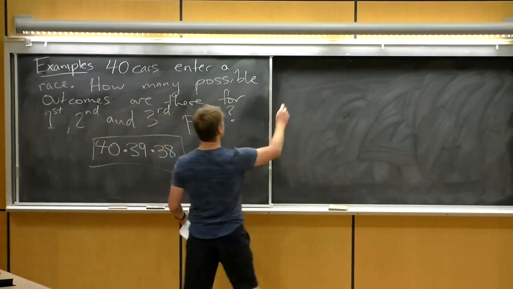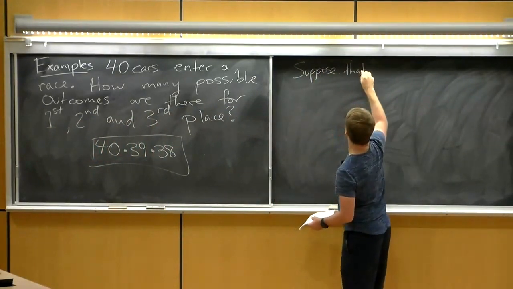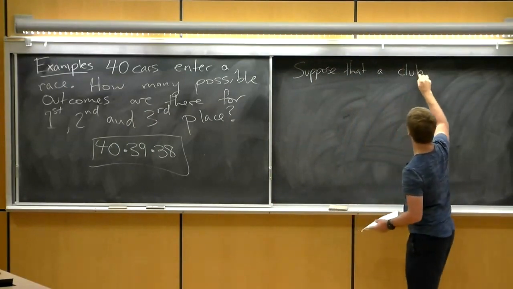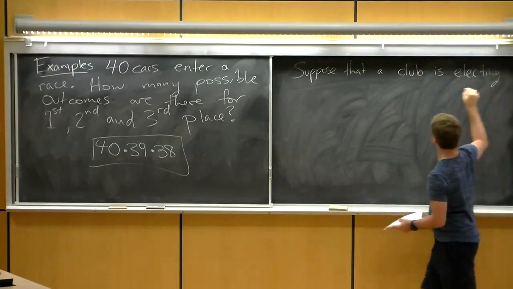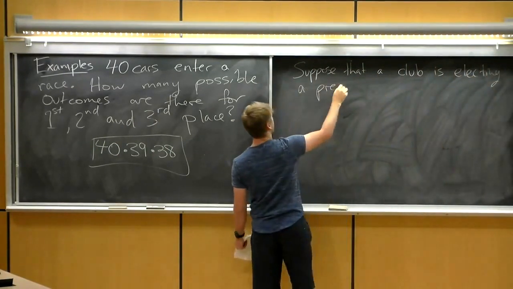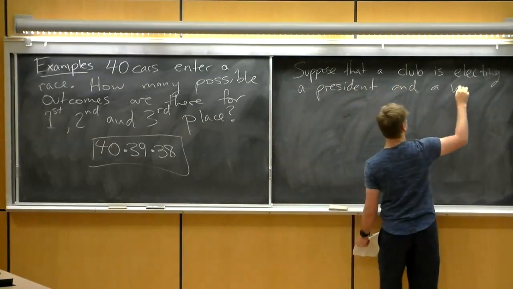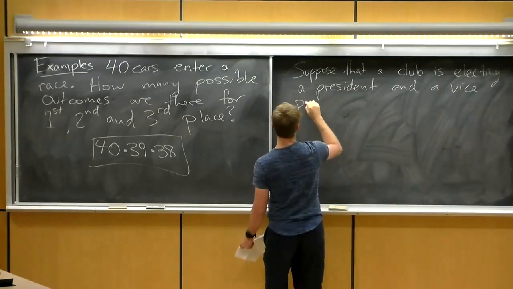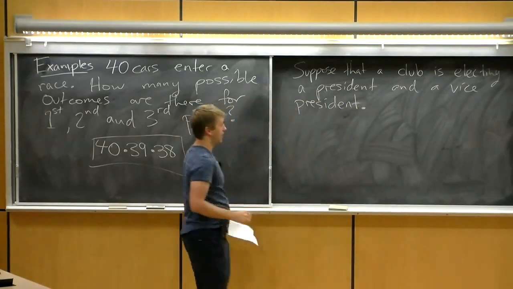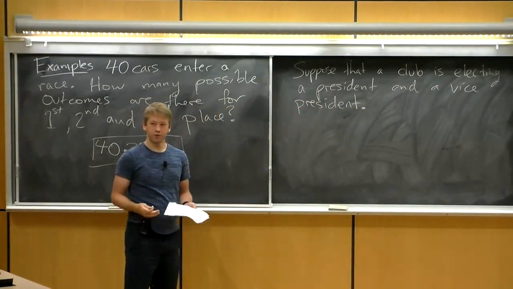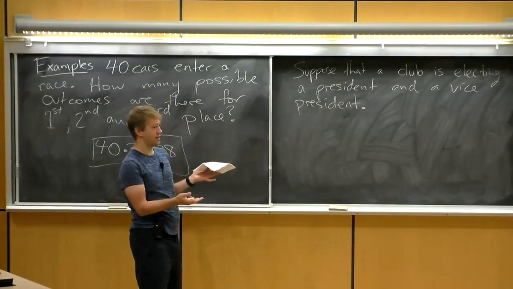So suppose that a club is electing a president and a vice president. And also suppose that the number of ways to do this for this particular club is 90.